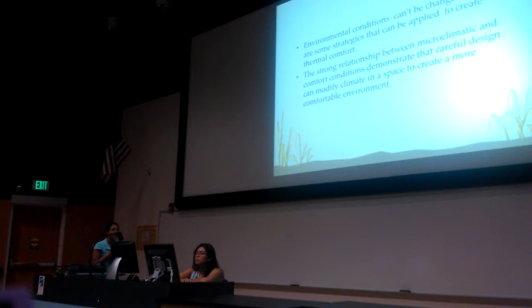Our conclusion: environmental conditions can't be changed, but there are some strategies and elements we can manipulate to create a thermal comfort environment, not just at a pedestrian level, but also to reduce energy consumption inside buildings.